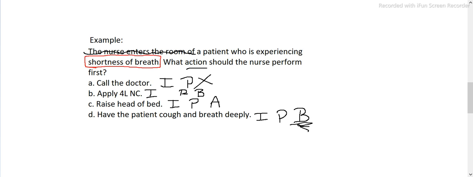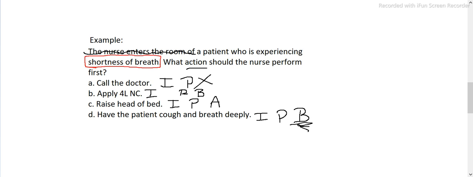Call the doctor. That's not really going to be fixing what the patient is needing right then and there. And the doctor is going to be asking for all the stats and everything. If you just walk in and see that the patient is short of breath and you don't have any other information, you call the doctor. The doctor's going to be wondering why you called them.